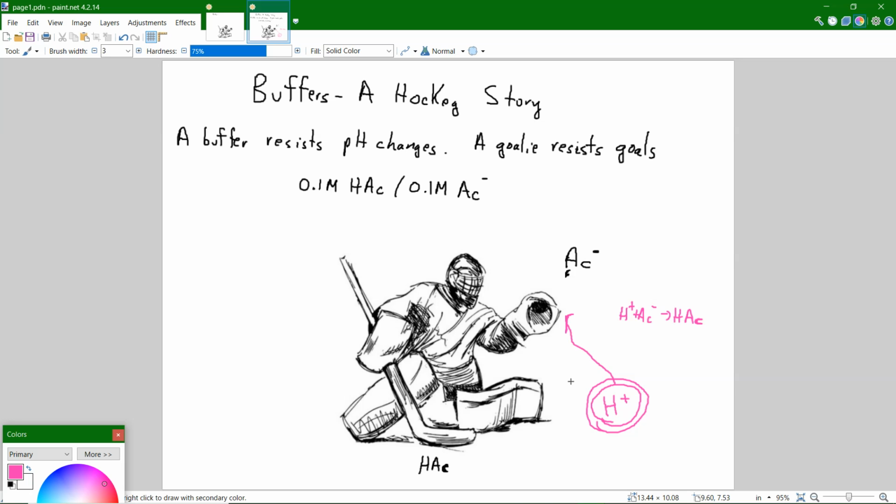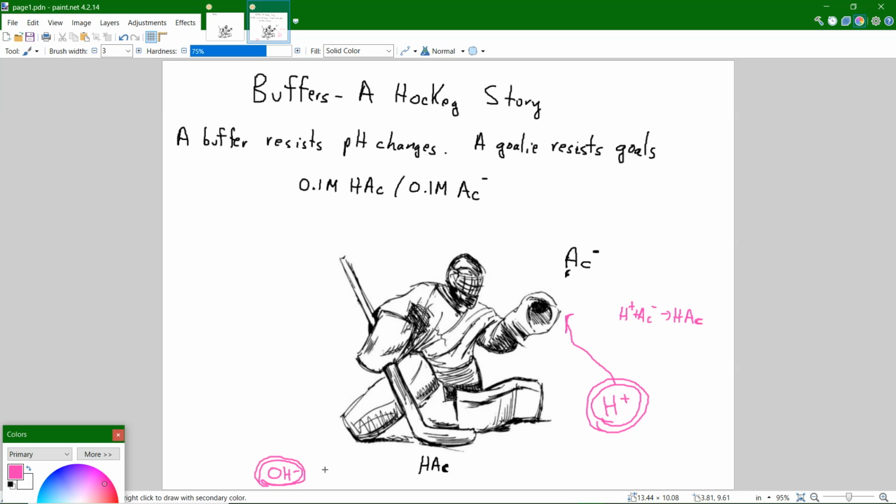What if we instead take screaming slap shots along the ground, along the base of the ice? And so you can think of sodium hydroxide releasing the OH minus, and that OH minus is going to be screaming in because maybe you heard that the goalie doesn't have good stick saves.